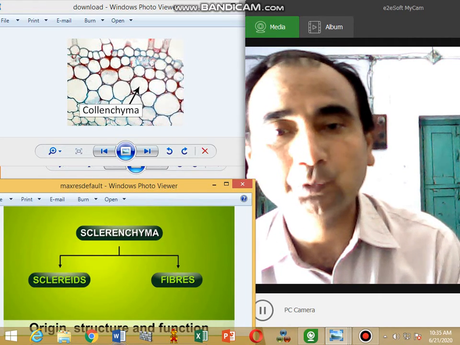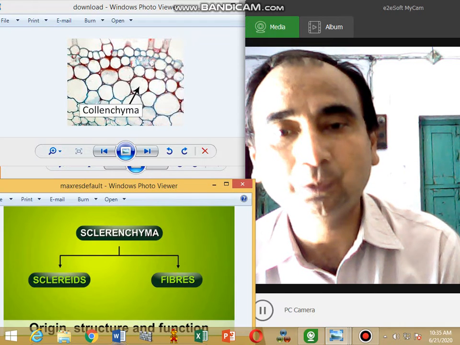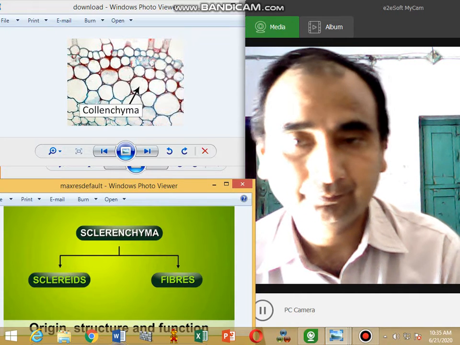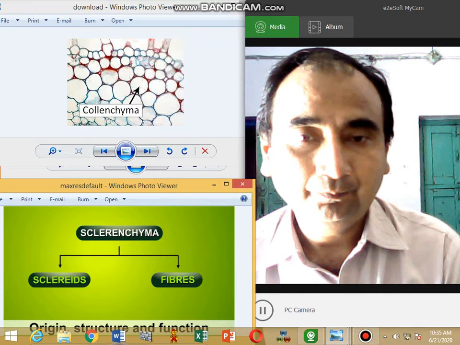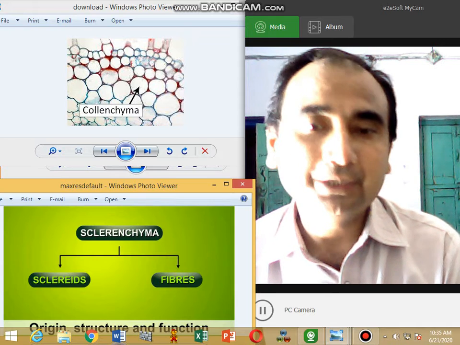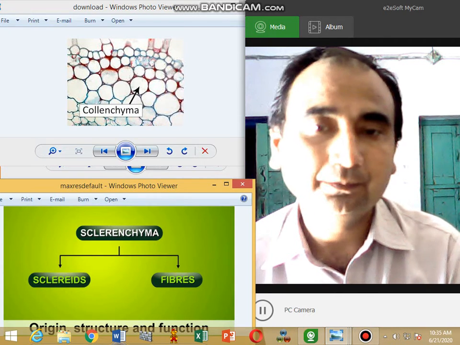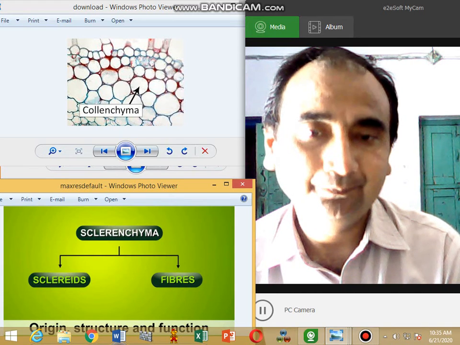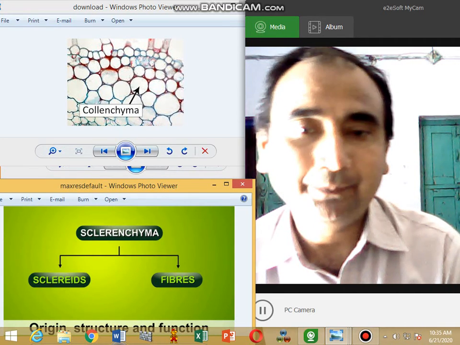The stem also supports the plant. The stem is a link between the root and aerial parts of plants. Terrestrial plants mostly face a considerable amount of wind pressure, so they get bent.